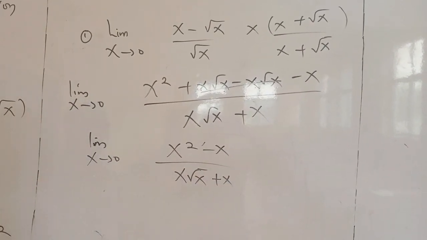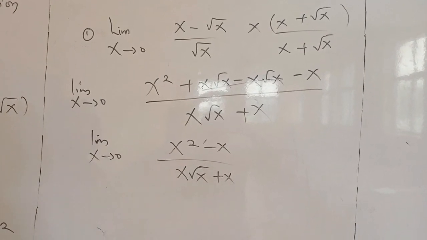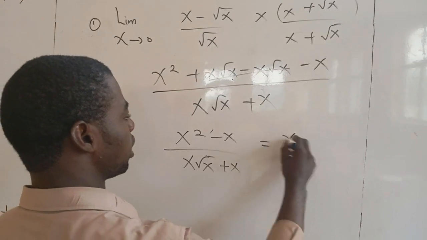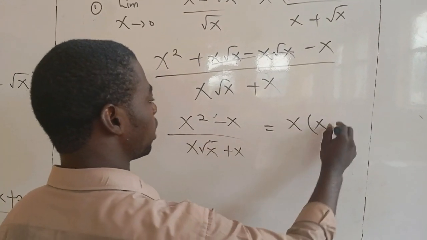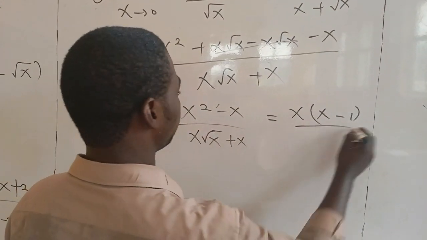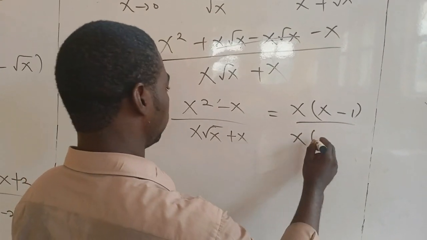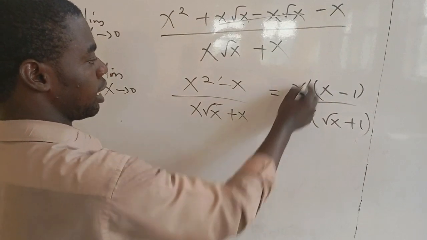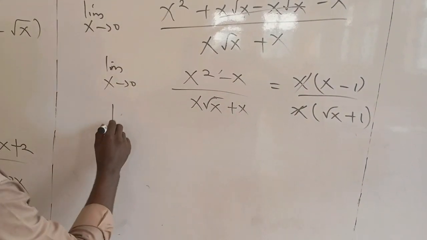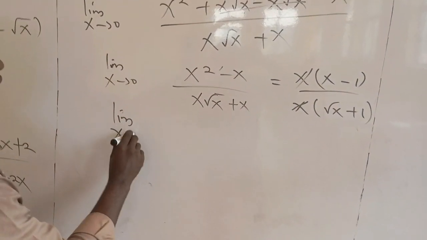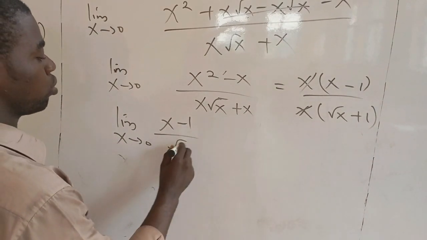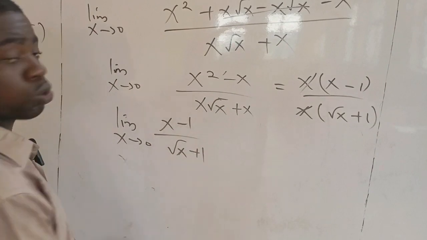At this point, we can factorize because our x is common. So we have x times (x minus 1), divided by x times (root x plus 1), and the x can cancel out. So we are left with the limit as x approaches 0 of (x minus 1) divided by (root x plus 1).